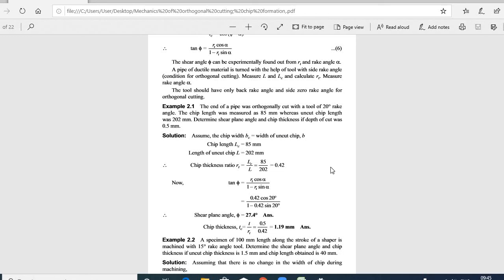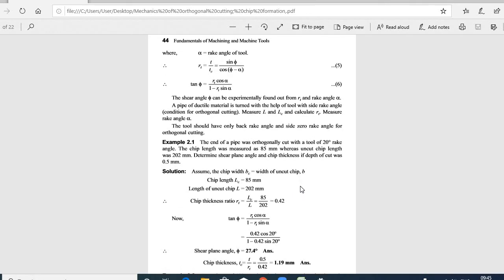Chip thickness ratio r_t is equal to l_c by l, that is 85 by 202, that is 0.42. tan phi is equal to r_t cos alpha divided by 1 minus r_t sin alpha, that is equal to 0.42 cos 20 degrees divided by 1 minus 0.42 sin 20 degrees.